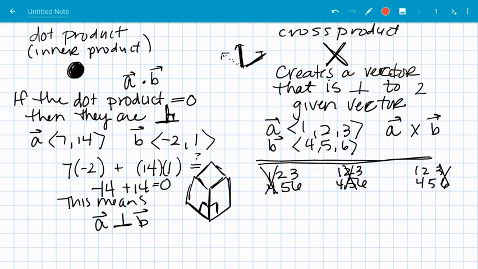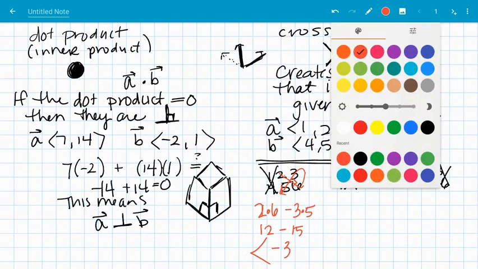Then you are going to take what you have left, like 2 times 6, and then back this way, minus 3. So 2 times 6 minus 3 times 5. Okay, so go this way. 2 times 6, I get 12 minus 15, negative 3. That's the x portion.